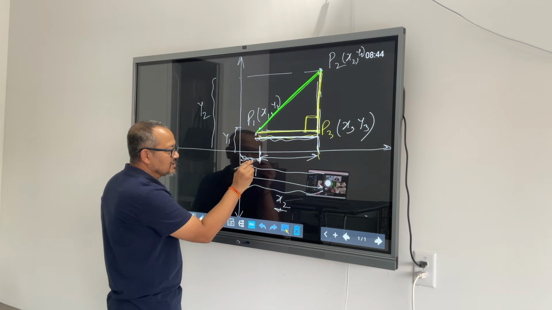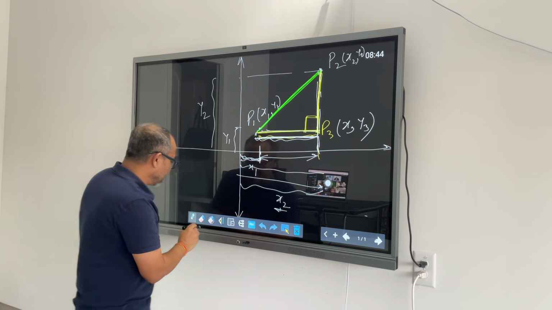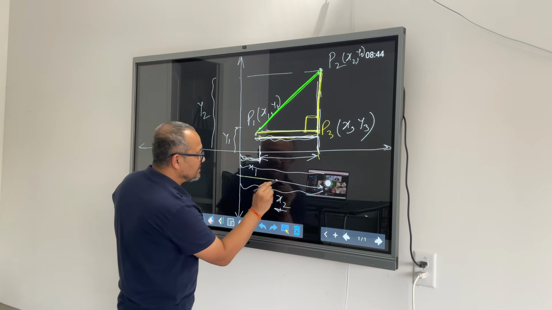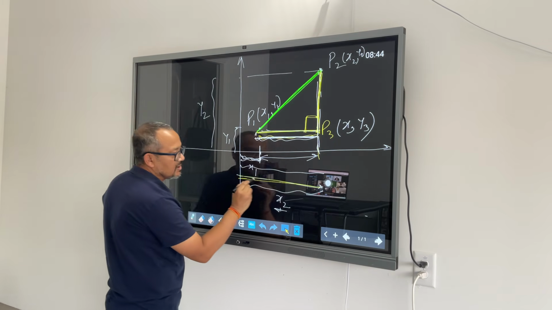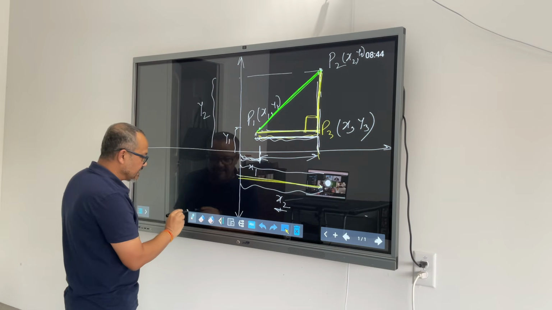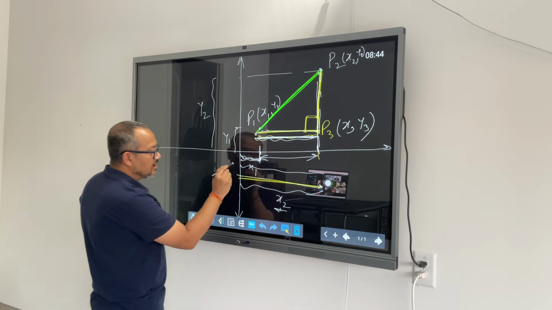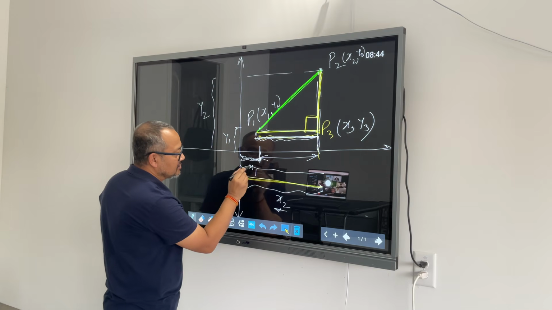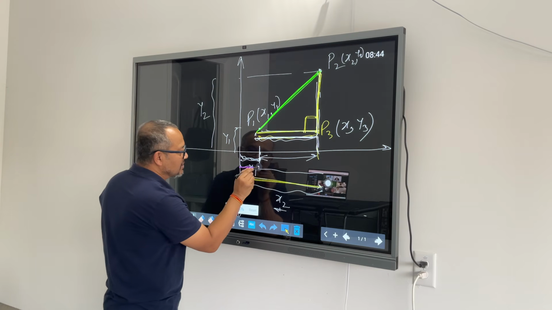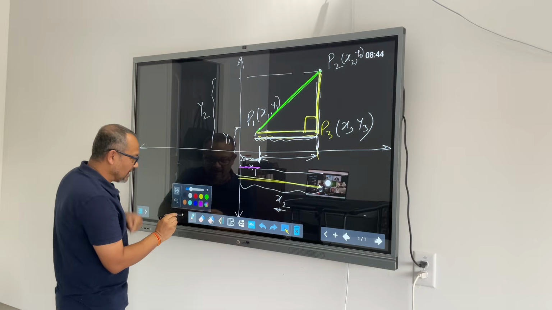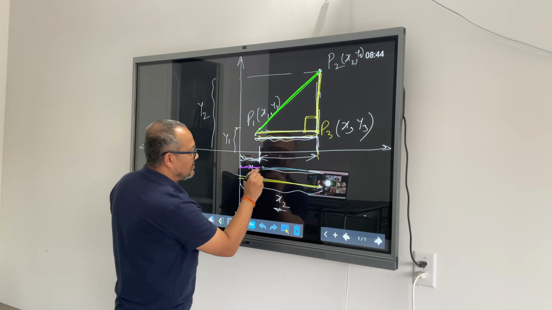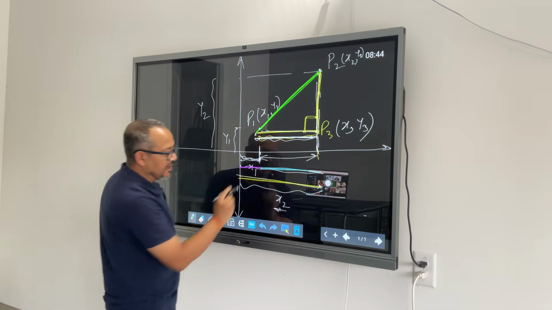This distance is x1. So if I use a different color, this yellow line is x2. And this purple line here to here is x1. What I was asking you guys was the length of this blue line.